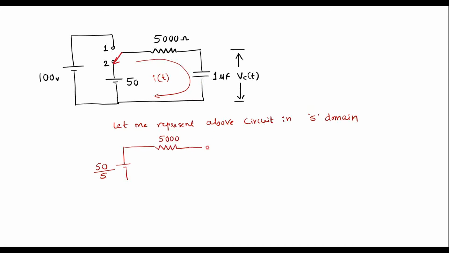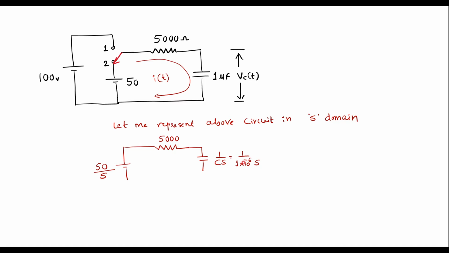And here we have a capacitor. The capacitor value should be replaced by 1 over Cs, that is, C should be replaced by 1 over Cs. So here the C value is 1 microfarad, that is 1 into 10 power minus 6.